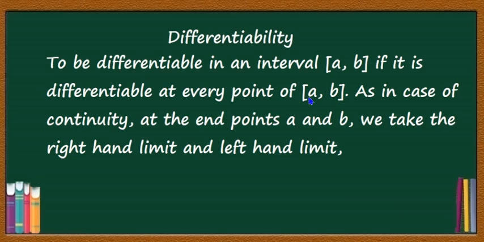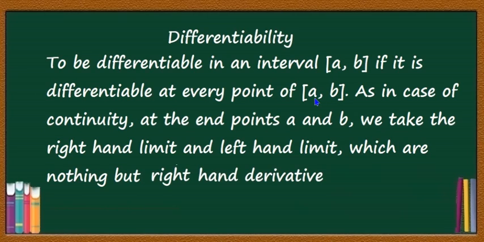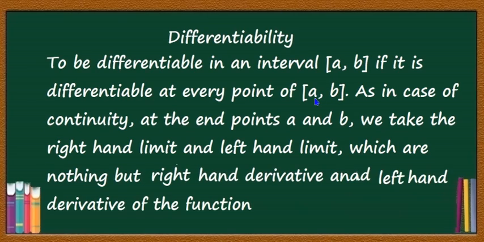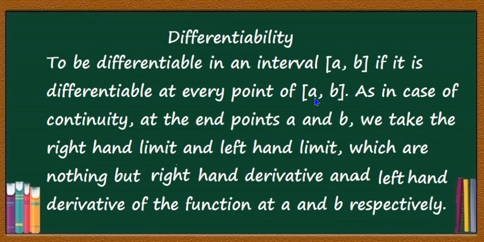That is, the right hand limit is called the right hand derivative at a and the left hand derivative of the function at b, respectively. And this is the meaning of the function being differentiable in a closed interval a comma b.